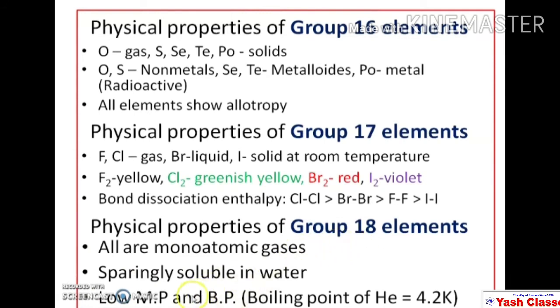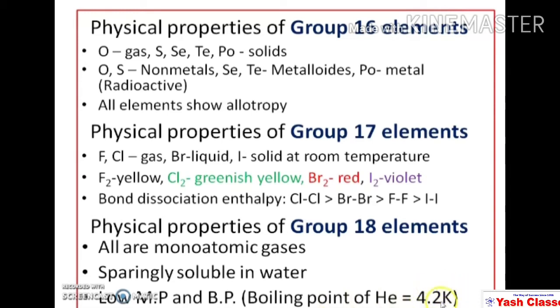Basically these are gases, and when a gas is compressed and its temperature is lowered, it becomes a solid, and that solid has a low melting point. And if that particular element exists in liquid state, then its boiling point will be very low. The boiling point of helium is the lowest among all the elements, 4.2 Kelvin.